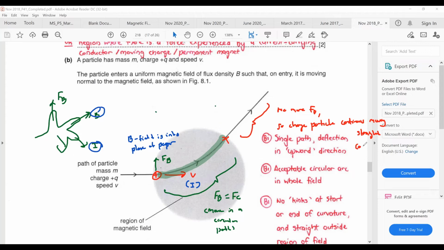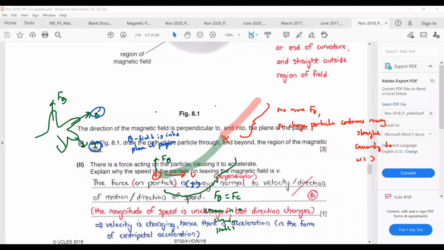Okay, this one will be according to Newton's first law. Without any resultant force acting on a particle or object, your object will just continue moving with constant velocity in a straight line. Right? So that's how you got this shape of your graph. Okay, so this one is okay.